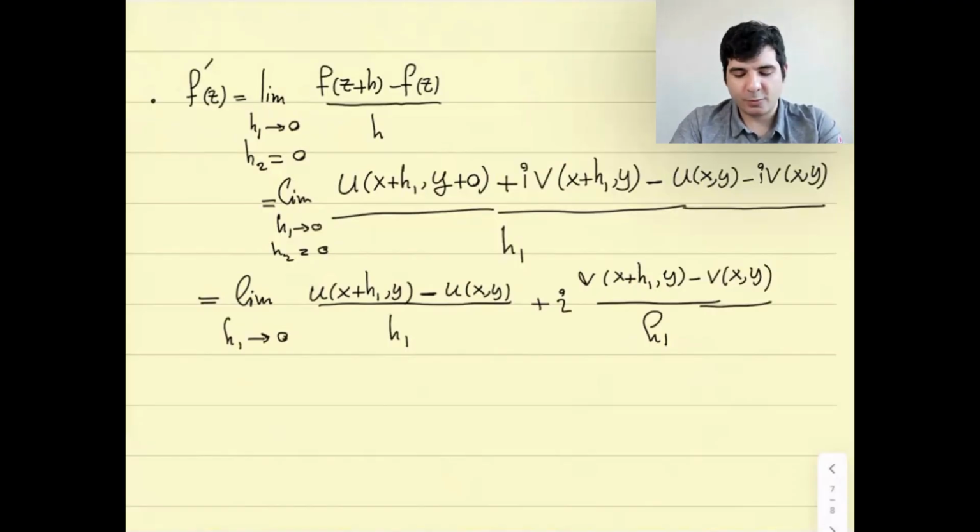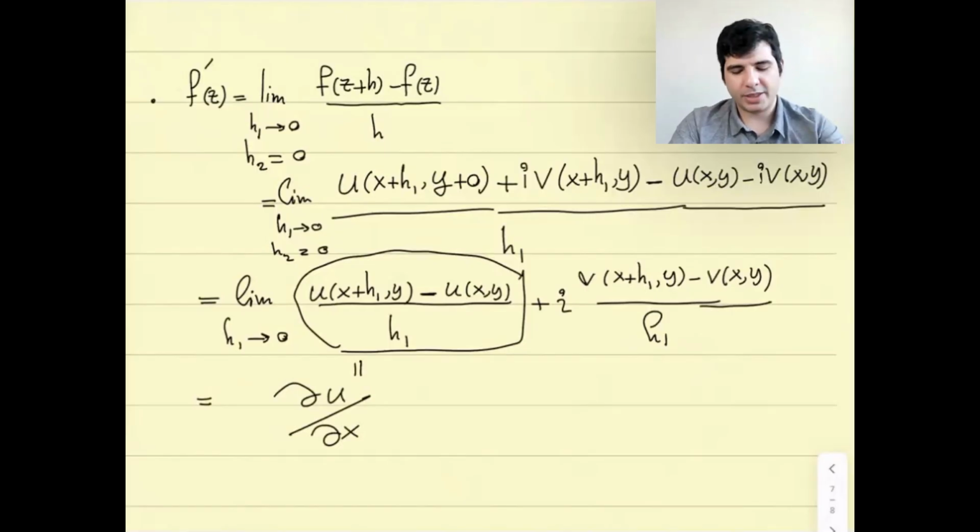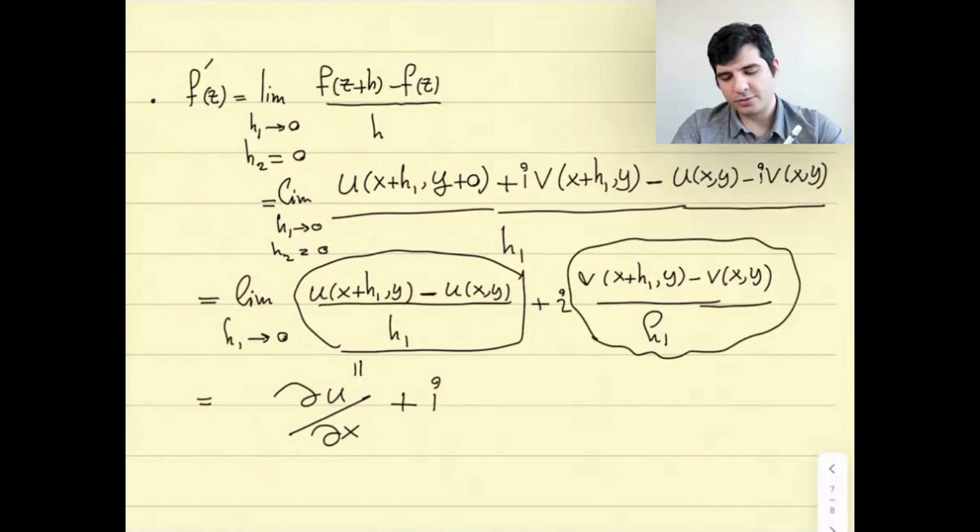These limits should exist when h1 goes to 0, right? But what is the first part? So just look at this bit. This is the partial derivative of u with respect to x, when h1 goes to 0 with the limit. Plus i, what is this thing? What is this limit when h1 goes to 0? This is the partial derivative of v with respect to x.